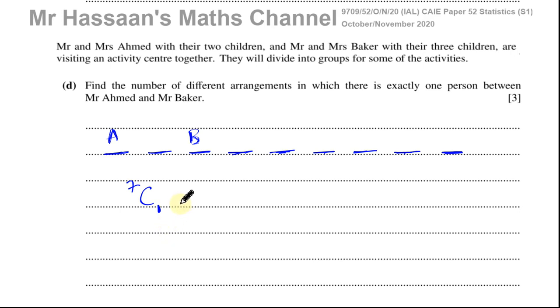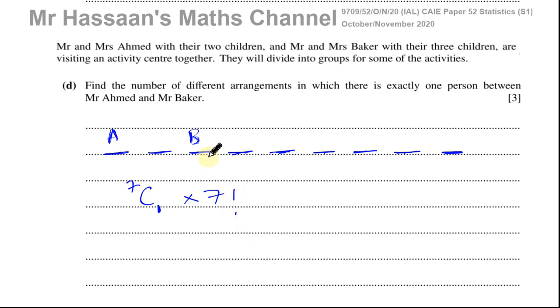So that's one thing. Then we've got to think about how many ways these can be arranged amongst themselves. It could be any one of those other 7 people, so we have 7 people to be arranged amongst themselves.